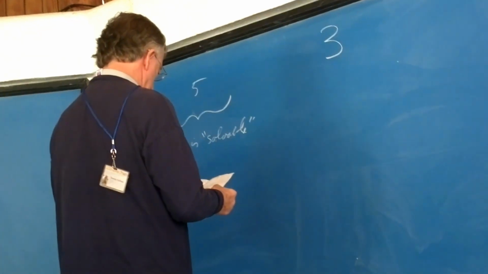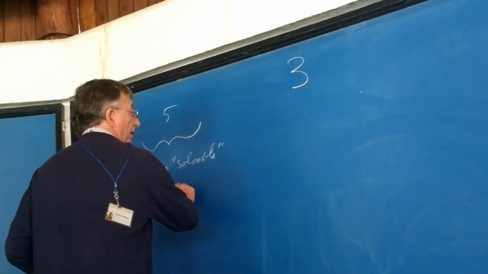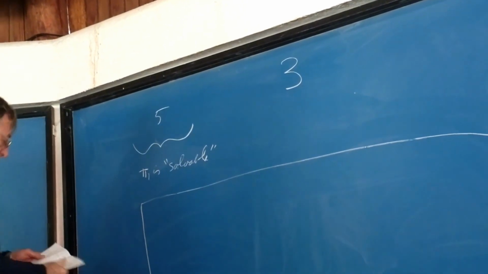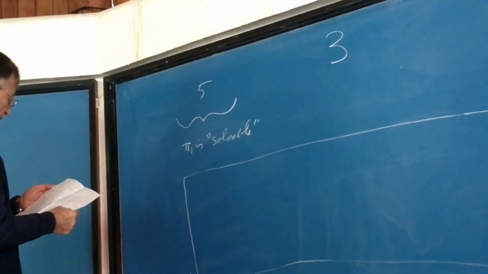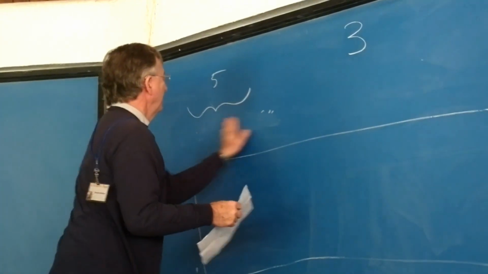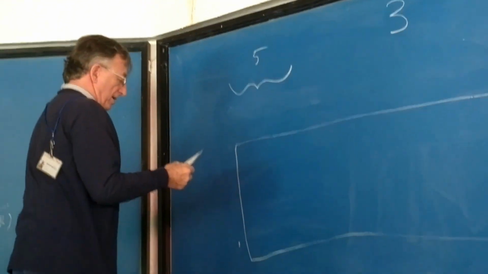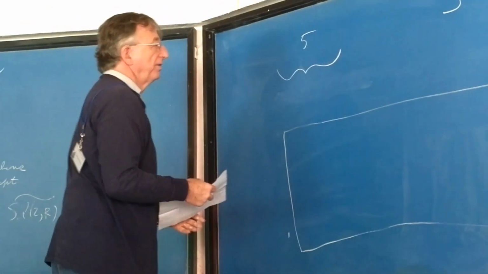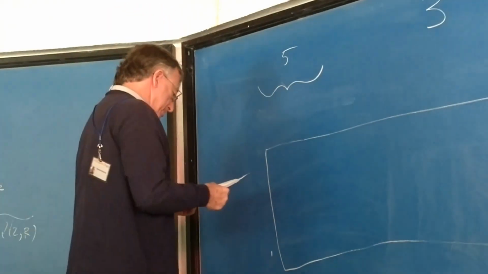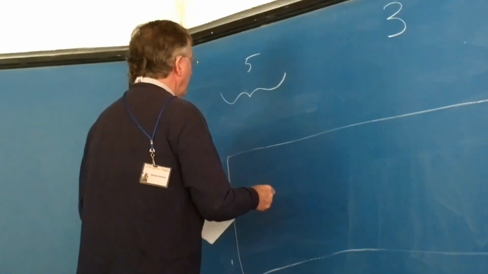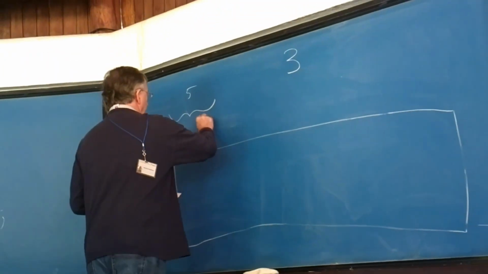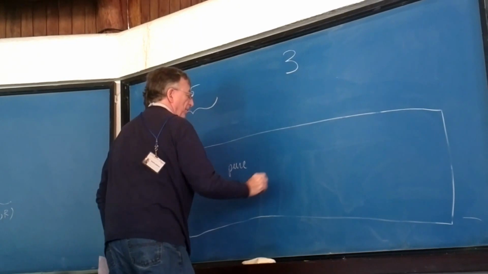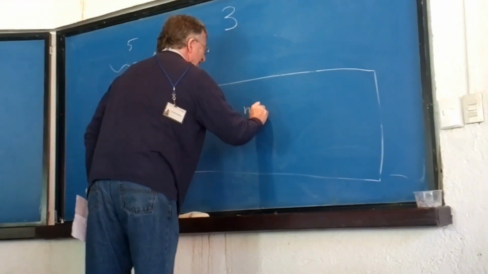Let's see. What else? Right, so these are characterized by pi 1 as essentially solvable. And now, when you realize manifolds, there's sort of two kinds of geometries, pure and mixed.